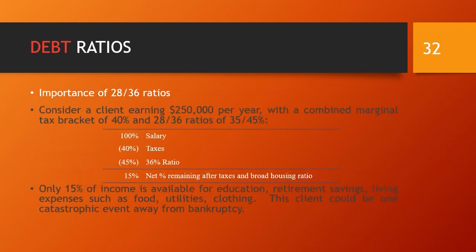Look at this, okay? This is why we want to stick to these ratios and even be lower than these ratios if we can. Think about somebody making $250,000 per year. And you might go, look, if I made $250,000 a year, I wouldn't have any problems. Just give me $250,000 a year. I'll be good, okay? Believe me, you'll find a way to spend all of that money and more.